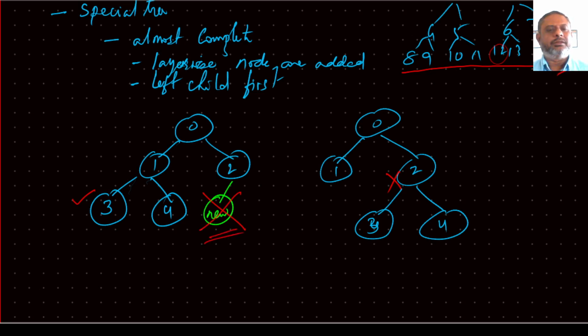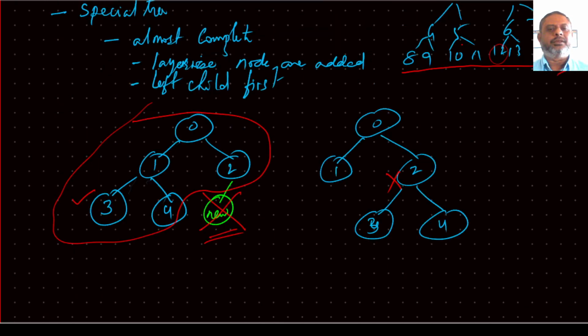So when you delete, the last one has to be deleted, because otherwise the tree should be complete in this layer wise fashion. So you can't just delete node 2 without deleting 3 and 4. So if node 2 has to be deleted, 3 and 4 also have to be deleted, or if node 2 is deleted, then one of the two has to go up here, and so on. So that's a heap action.